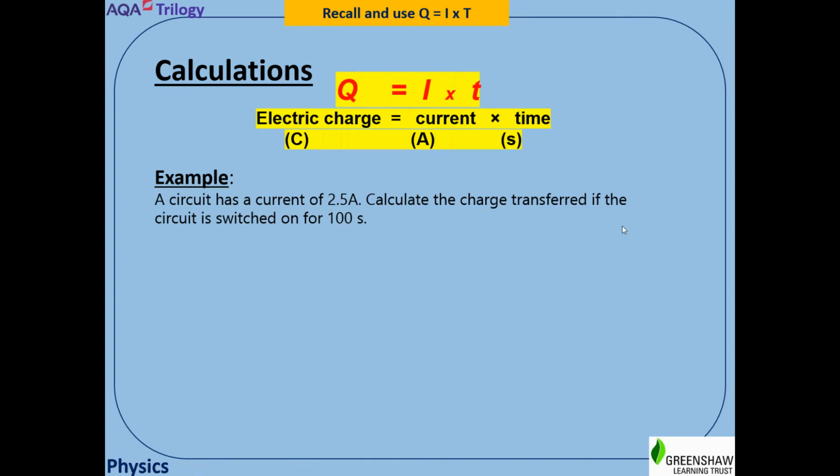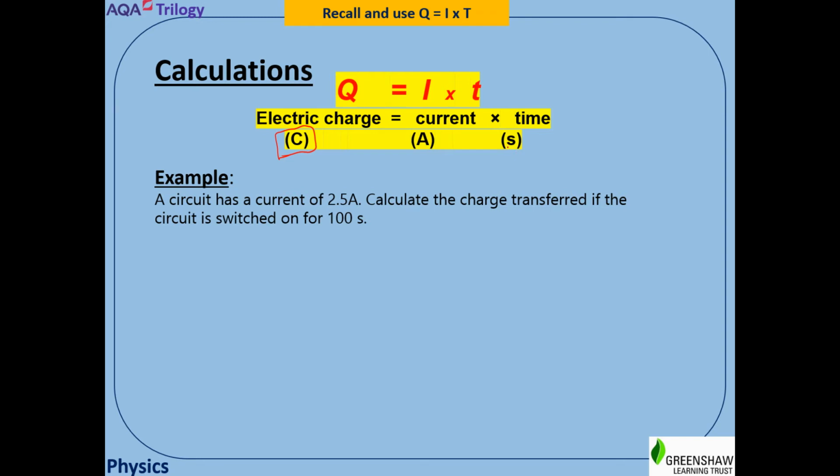We now come on to the equation that we need to learn from this lesson. And the most simple format of that is Q equals IT. Now we're using Q to represent electric charge, where we have the units of coulombs. So this is what we've got here. Electric charge measured in coulombs equals current measured in amps times time measured in seconds.